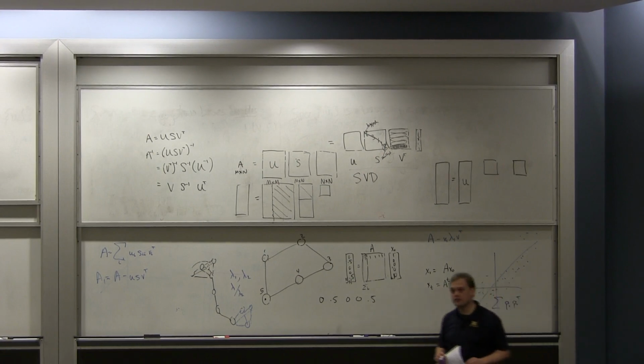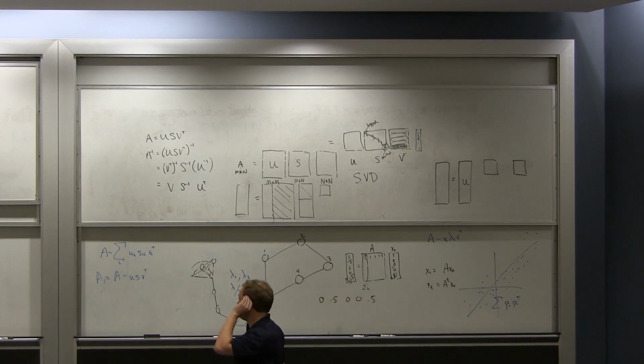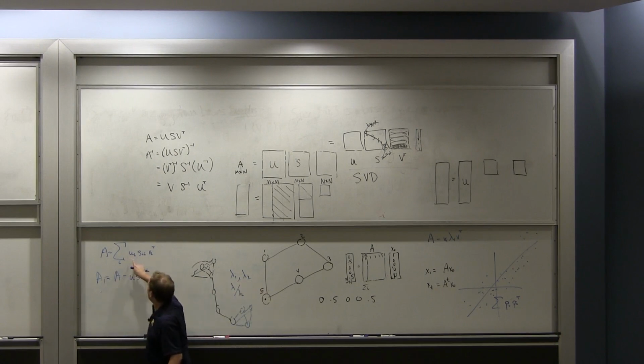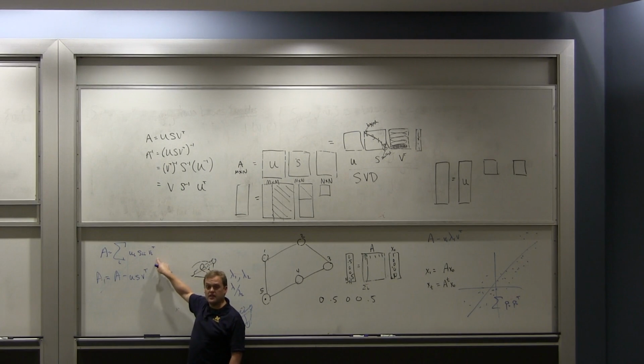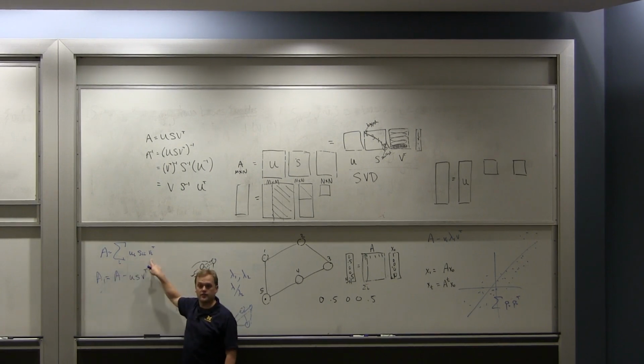Other questions? Yes. Right. So in this case, I'm using little u's to represent the individual columns and rows of big U and big V. And so what I mean here is that if I had the full SVD decomposition of A, I could actually recompute A by doing this.